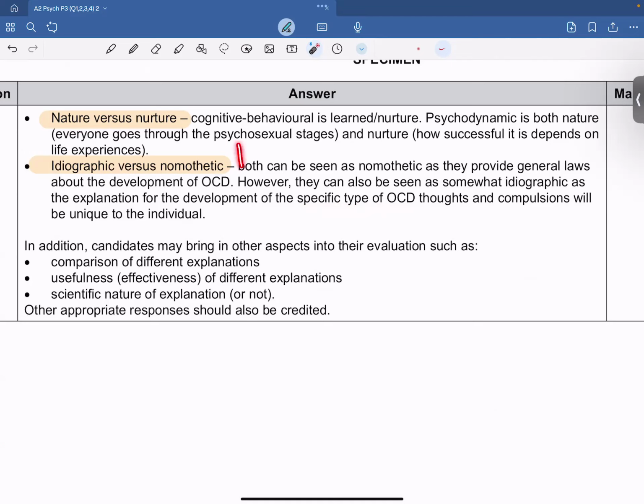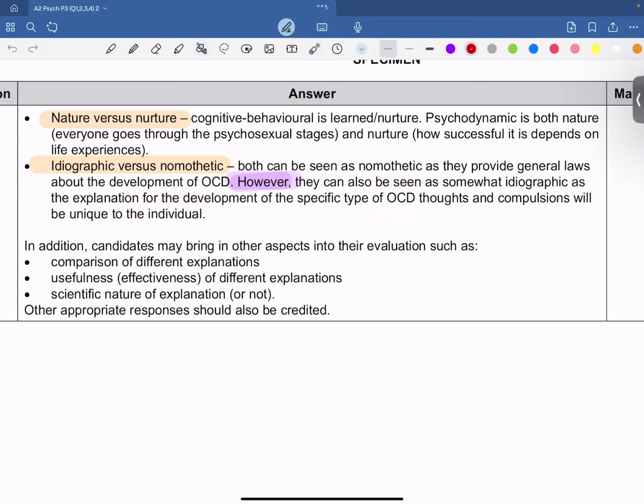So read this part again. Remember, like I said, this word, however, adds on values. I mean, you use this word, however, when you're writing down about the flip side of the coin as well. So, however, they can also be seen as somewhat ideographic, as the explanation for the development of specific type of OCD thoughts and compulsions will be unique to that individual.